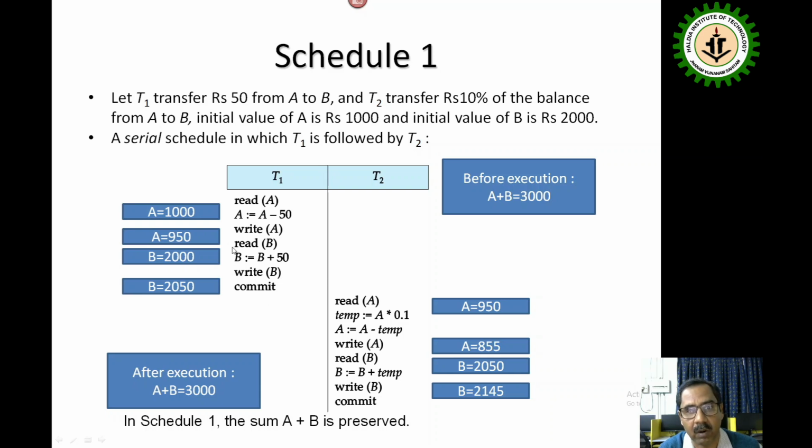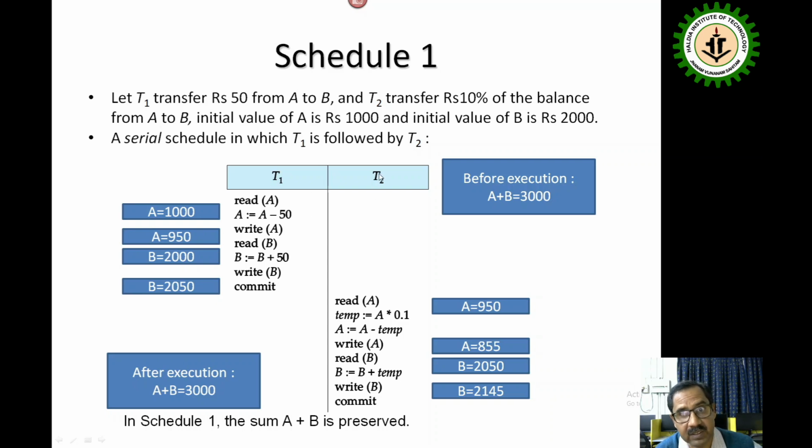That's why all updates made by T1, write A and write B, are saved permanently. Now the value of account holder A is 950, from an initial value of rupees 1000. Account holder B's initial value was rupees 2000, and now the value is rupees 2050.